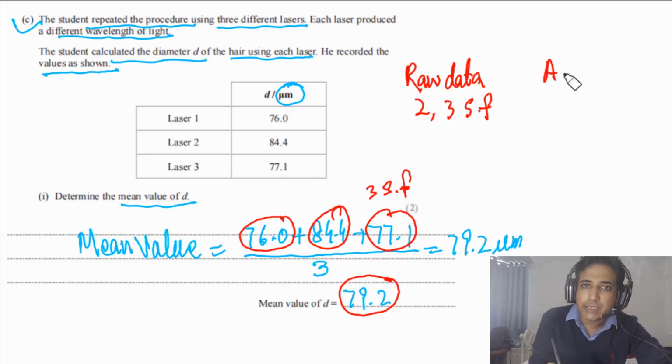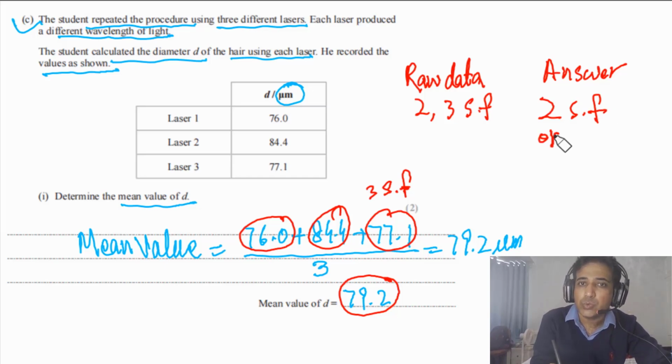How many SF do we need to use in the answer? You can use 2SF, the least number of SF. It's better to use 2SF, or you can use one more than the least. The least is 2, so you can also use 3SF.